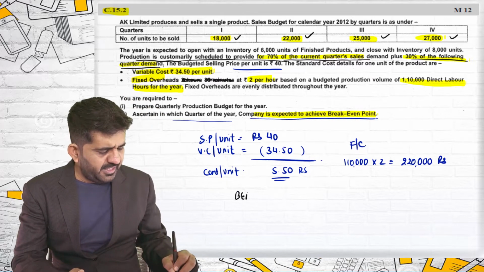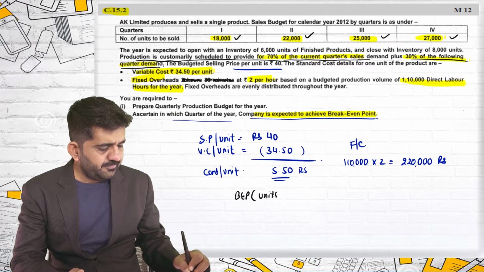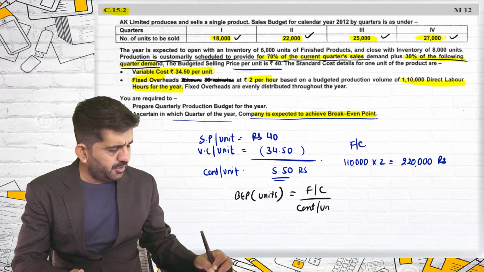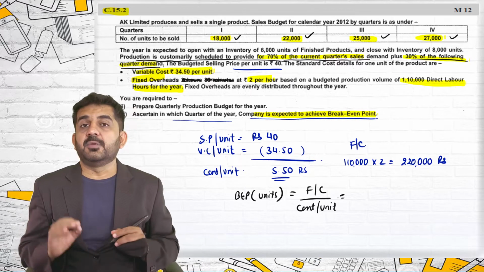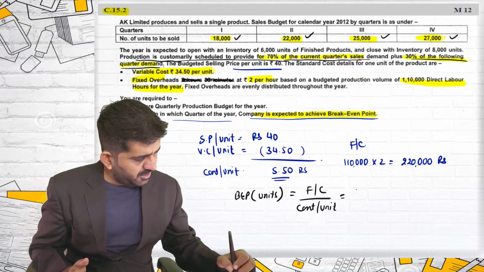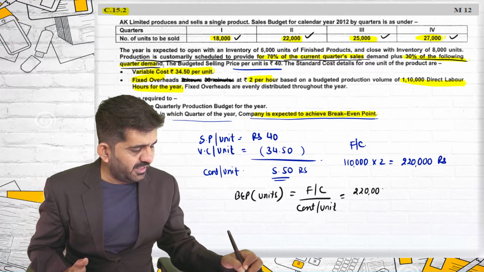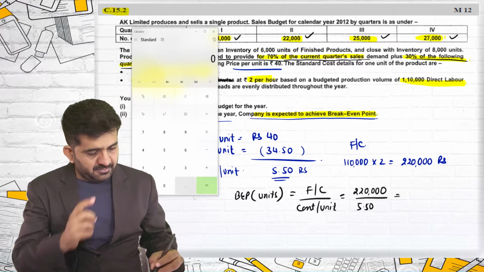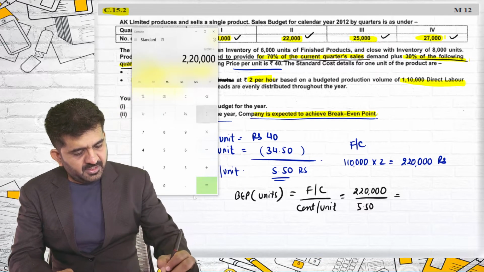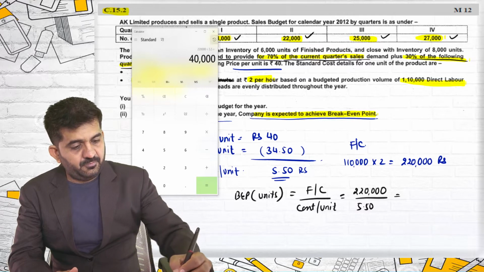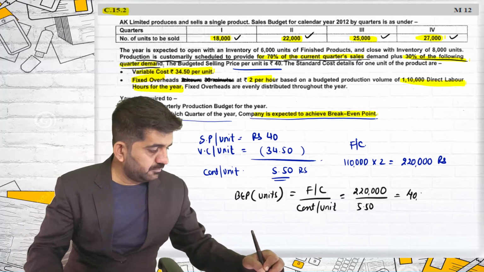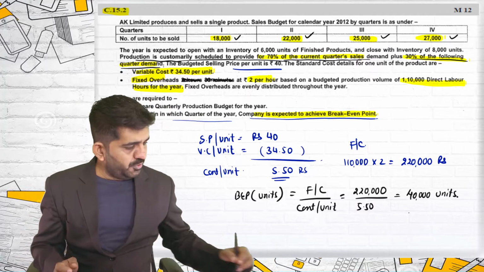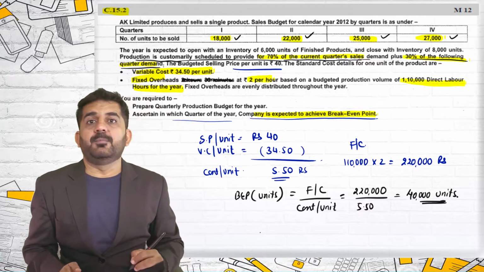Break even point in units is fixed cost upon contribution per unit. A simple formula for marginal costing: 2,20,000 divided by 5.5, which is 40,000 units. 40,000 units will be my break even point.